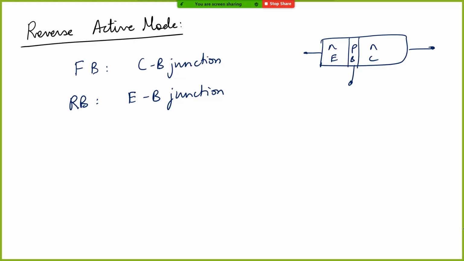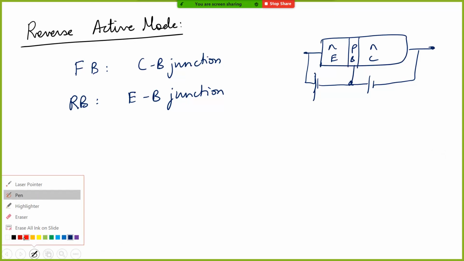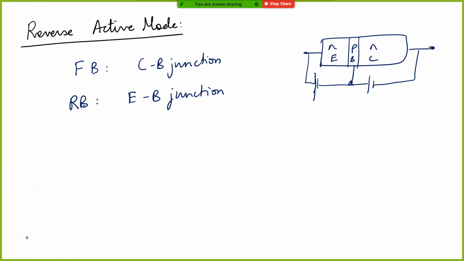Well, it's still an NPN, and so what will happen is, let's say you are forward biasing this particular part, and you are reverse biasing this particular part. So this junction is forward biased. Yes, you guys are almost there. So you are saying these electrons are going to move from the collector to the base, and then be swept across into this one.